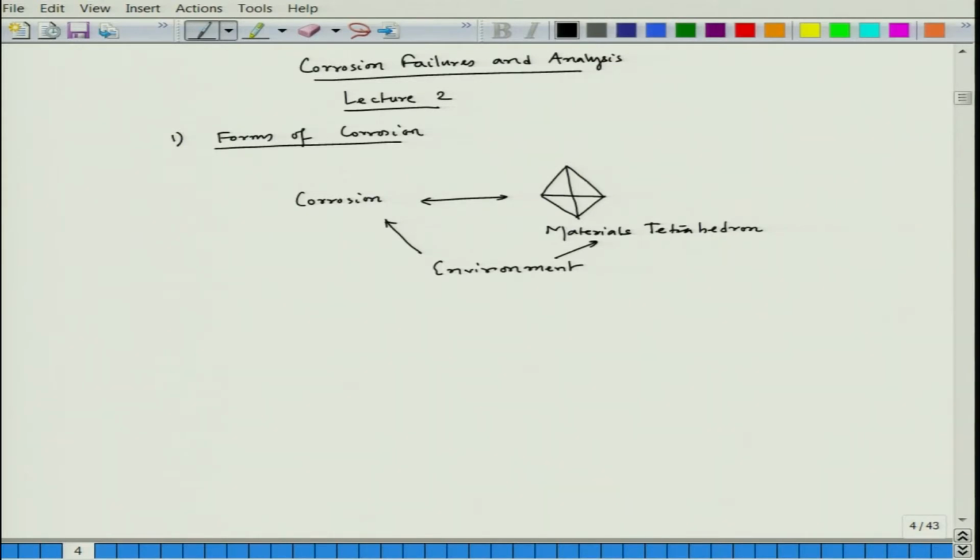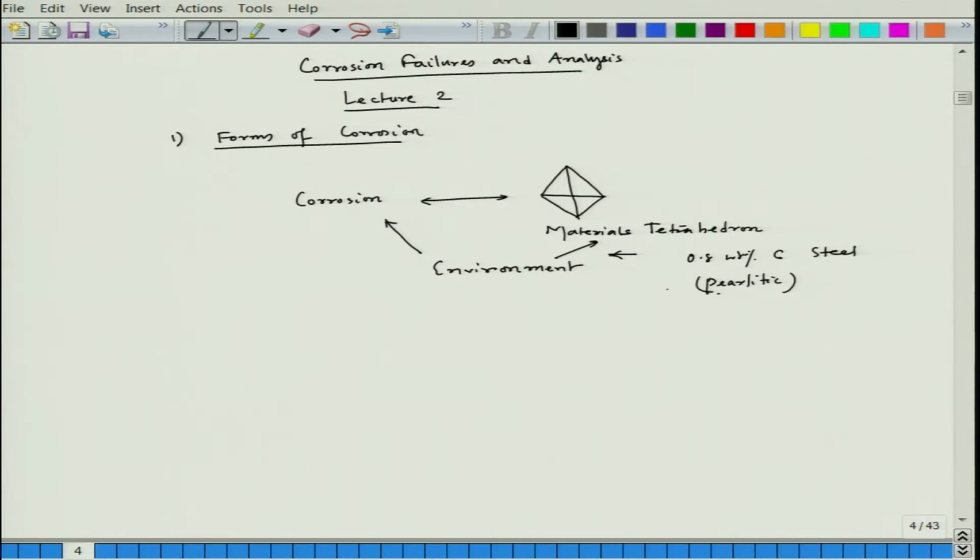For example, I can give you one example here. Let us say you have taken a 0.8 weight% carbon steel, which is pearlitic in nature, 100% pearlitic.